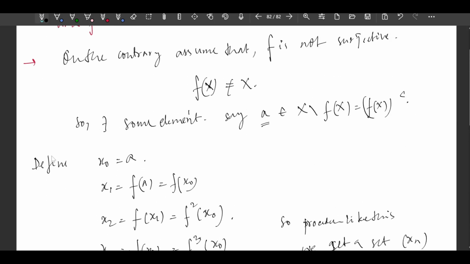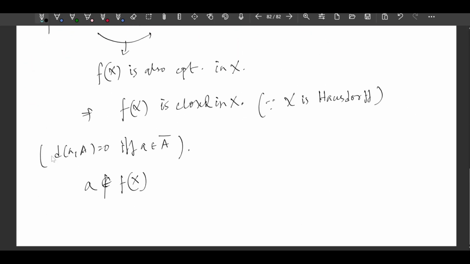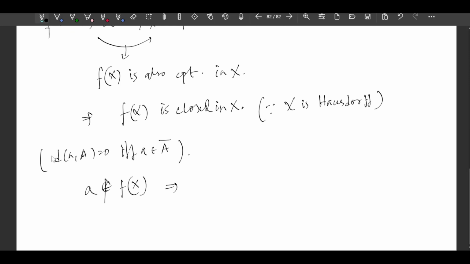Because we take a from f of X complement. This implies that the distance of a from f of X is positive, right? So I take it delta greater than 0. Okay, you understand why I can write like this?